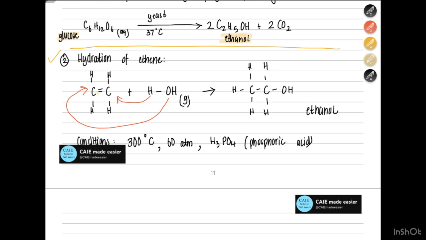So the double bond of ethene is broken down. H and OH react with ethene, and you get ethanol. The conditions are 300 degrees Celsius, 60 atm, and phosphoric acid. And then you get a molecule of ethanol.